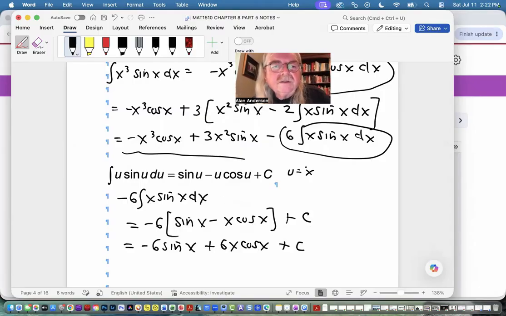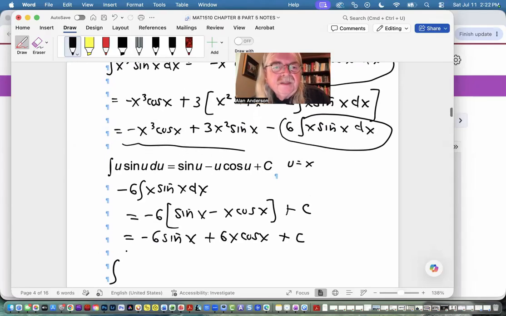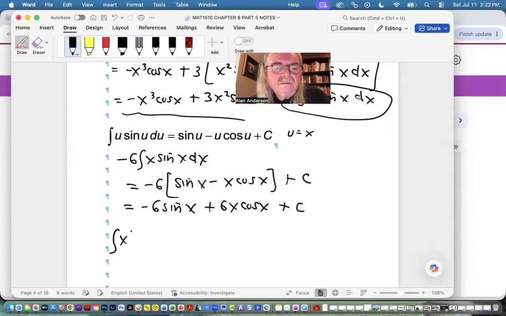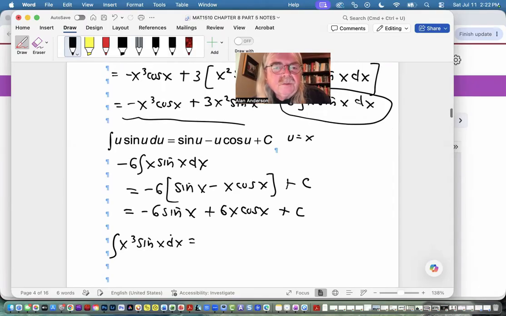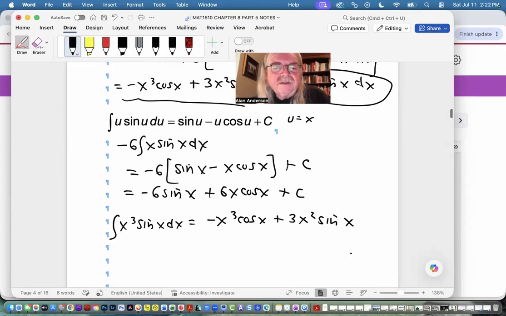So the overall answer, the original integral was x cubed sine x dx. So we already have the first two parts of it, minus x cubed cosine x plus 3x squared sine x. And now we just add on the rest of this. And at long last, we're done.